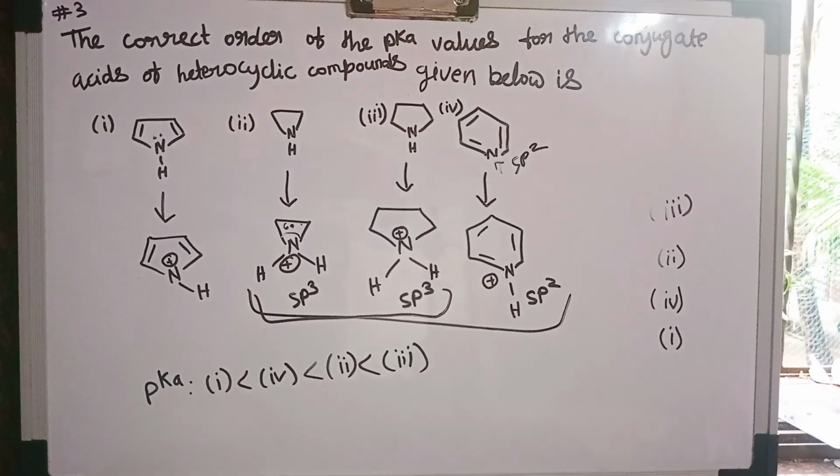If they are going to give away their electron, it means they are going to have a higher pKa value, which means they are a good base. It can also be asked which one of them is going to be the best base. For that also you need to know these things. And so this is it for the third question.